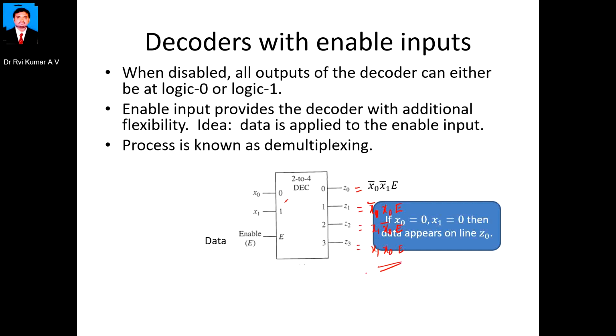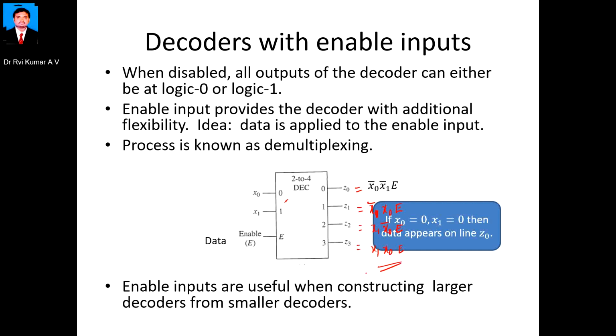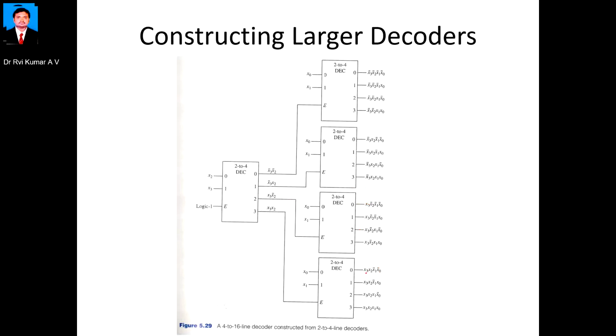Even here, X0 is equal to 0, X1 is equal to 0, then the data appears on the line Z0 along with your enable. So enable inputs are useful when constructing a larger decoder from smaller decoders. Here we can realize the 4:16 decoder by using 2 to 4 line decoders.